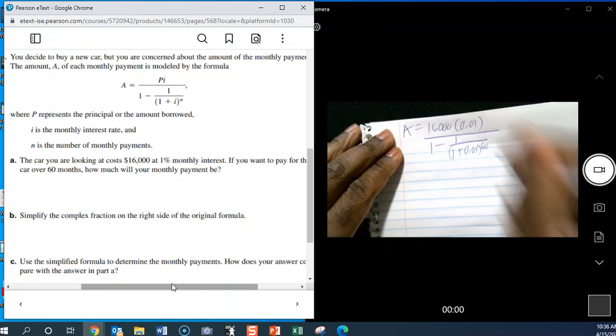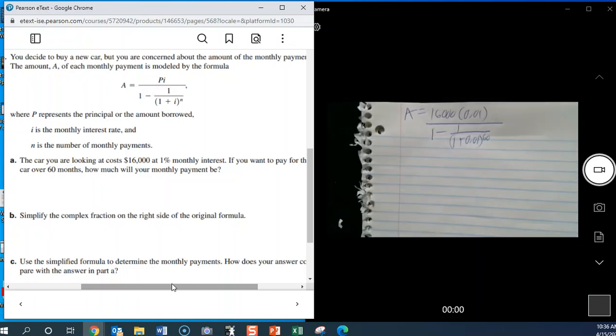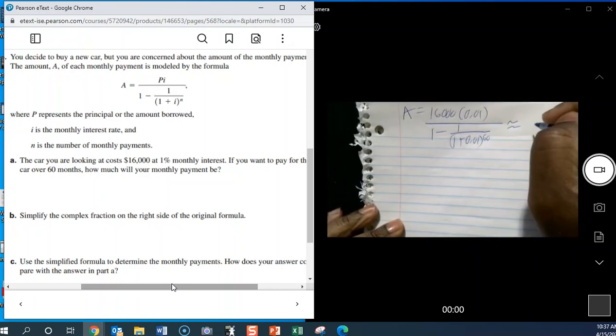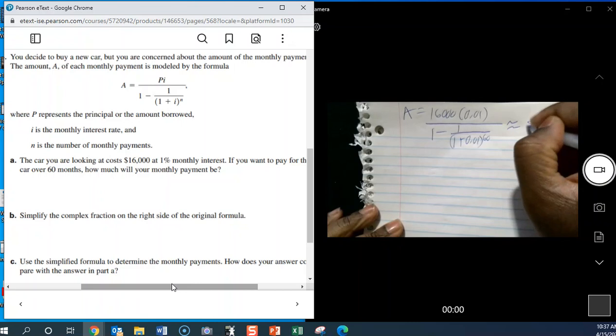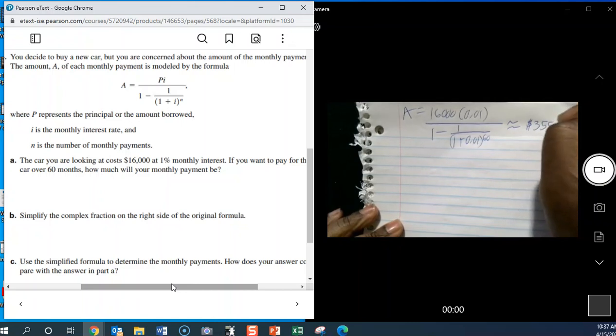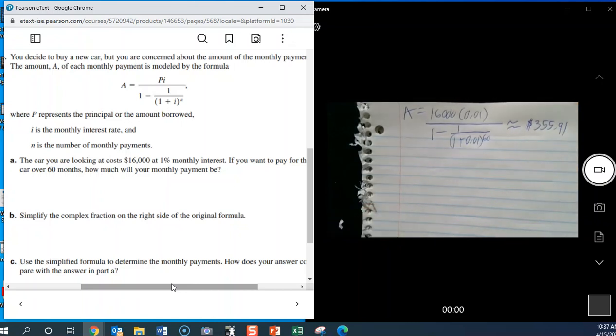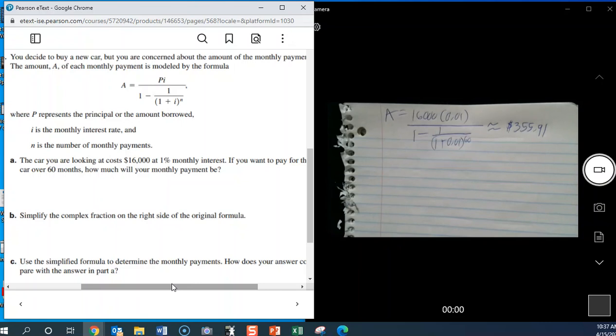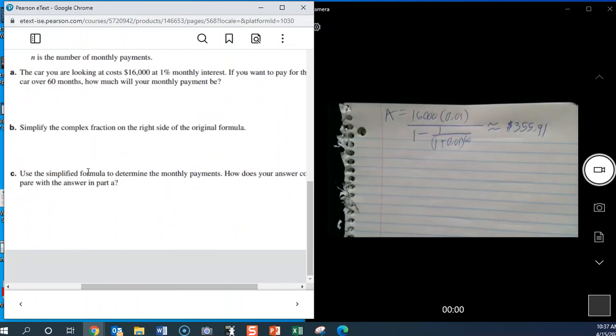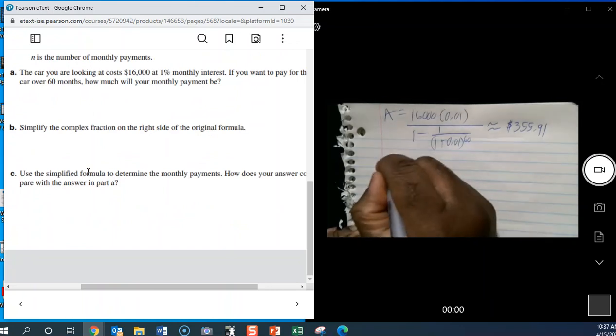And that would be taken to the 60th power. Now, when we put all of this in our calculator, our answer will come out to be approximately $355.91. Now, we round to 2 decimal places because that's typically how we do our money. So we would do that in this case as well.